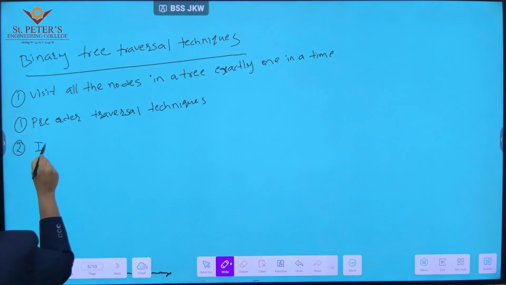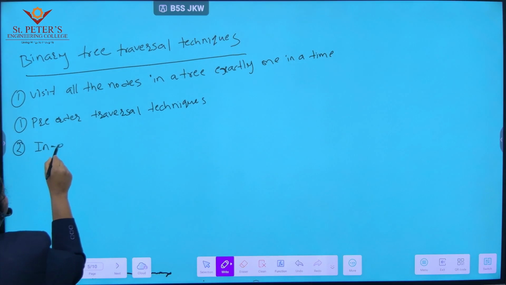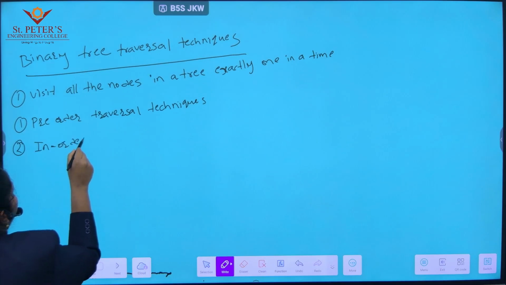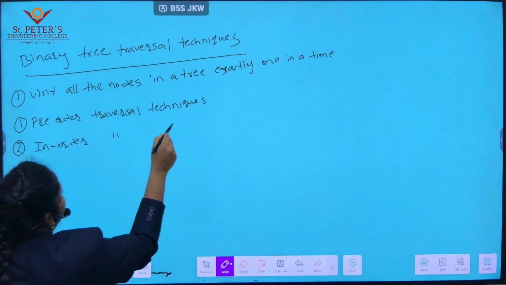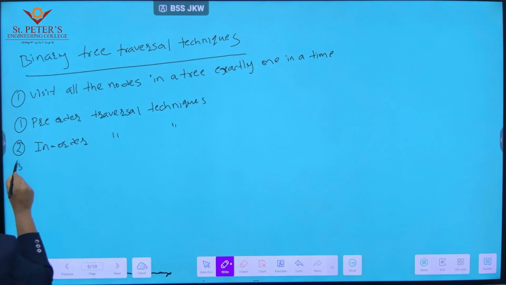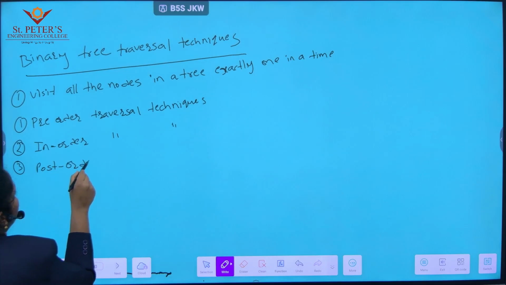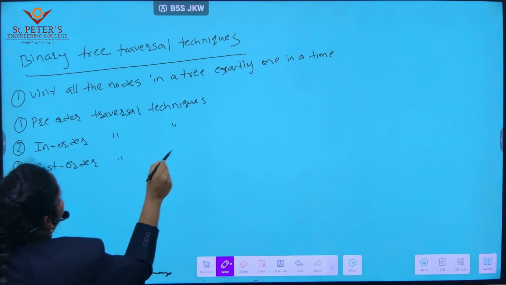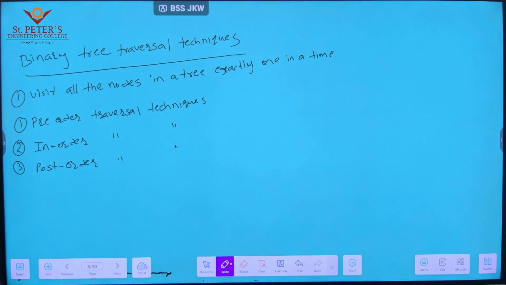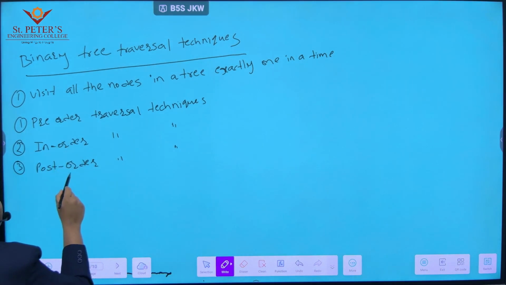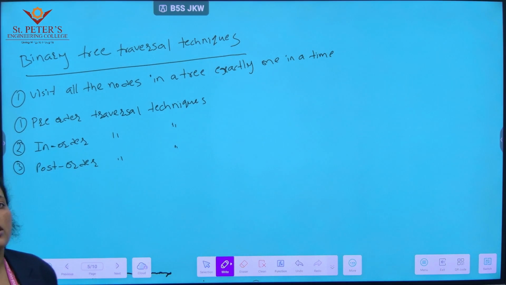Second one is in-order traversal techniques. And third one is post-order traversal techniques. So these three are the binary tree traversal techniques. So let's understand one by one.